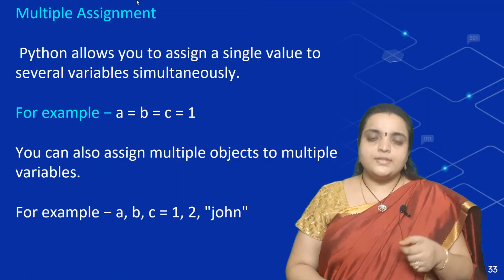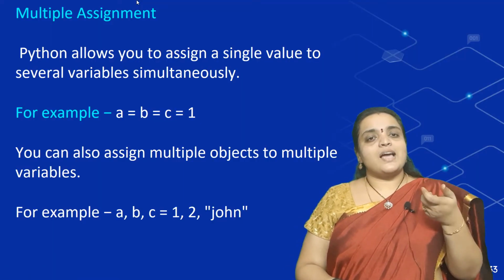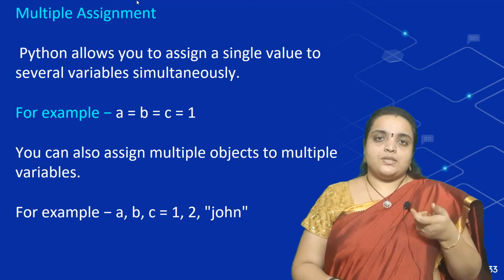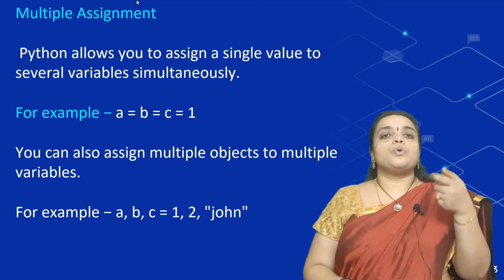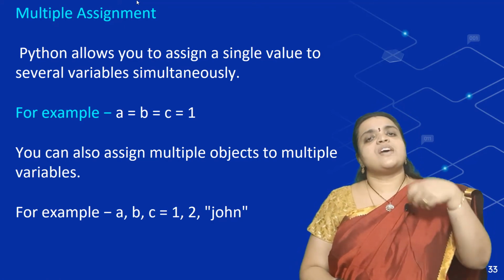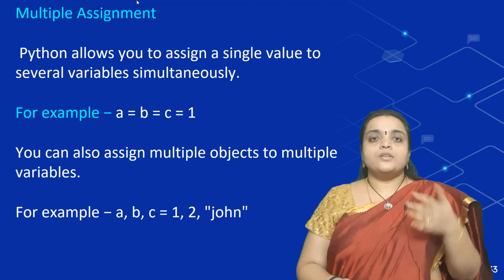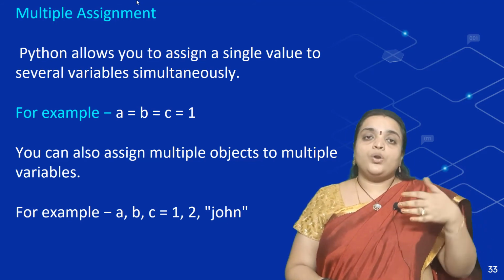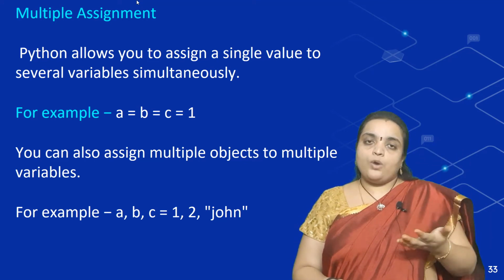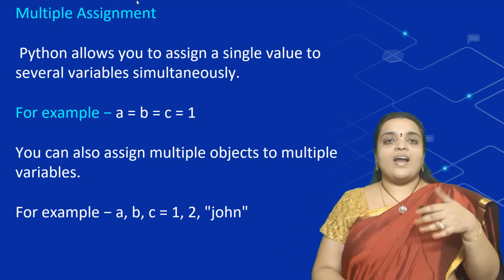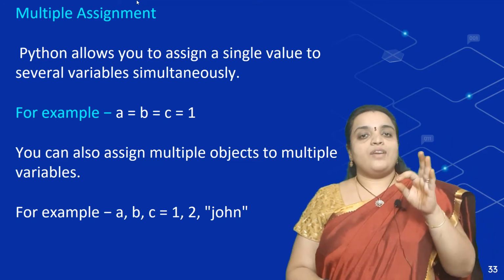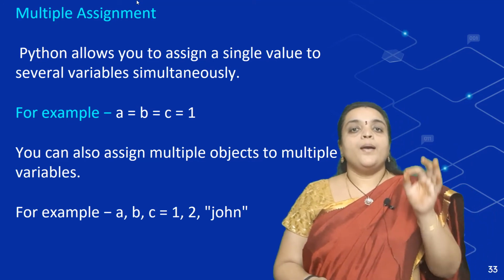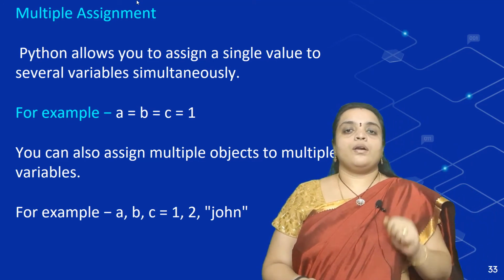Is that clear, students? Then we can also do multiple assignments. How? Python allows you to assign a single value to several variables simultaneously. So here a equal to b equal to c equal to 1. At a time you are assigning 1 to three variables, that is a, b, c. Clear here?